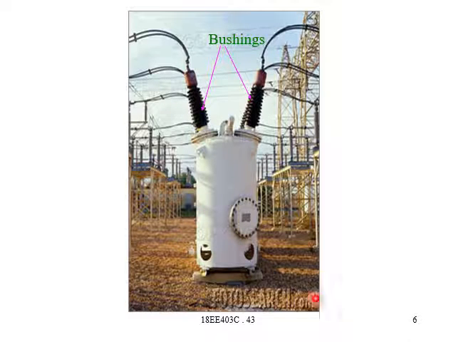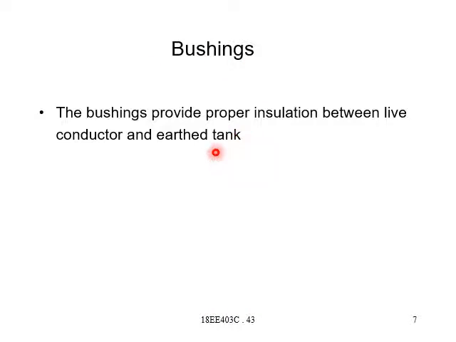Moving on to the next slide. What are bushings? The bushings provide proper insulation between the live conductor and the earthed tank. In the previous slide we saw the bushings with some insulators connected to them, a live wire connected to the bushings, and the bushings connected to the tank of the transformer.